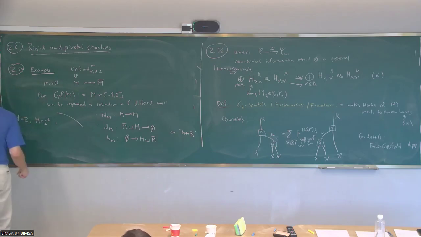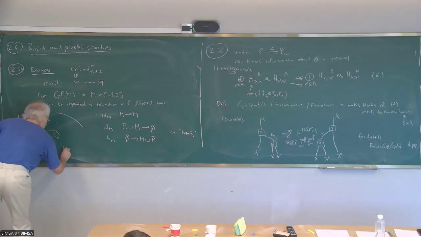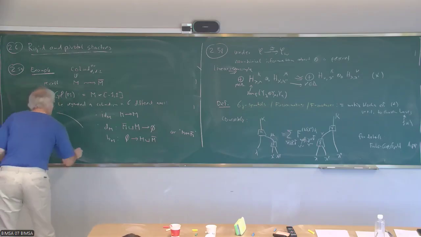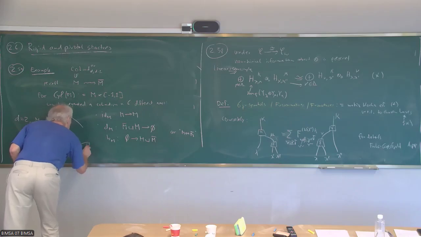In this particular case, the identity on M would be what we usually call a cylinder, whereas Bm, now not distinguishing between M and M bar for brevity, would look like this, whereas if we draw from left to right, which we do for cobordisms, we have something.